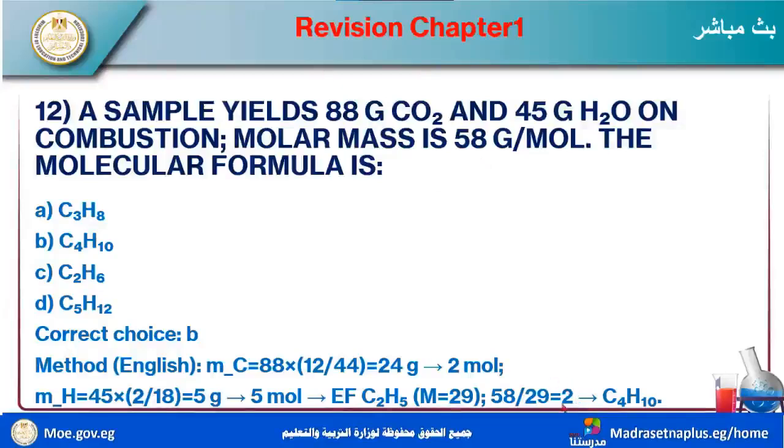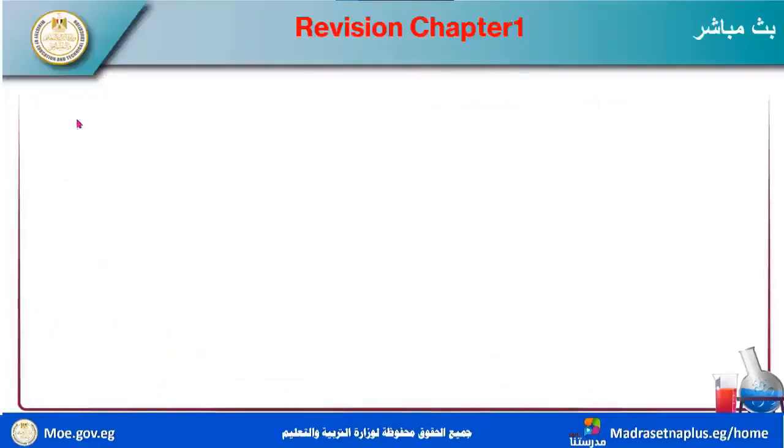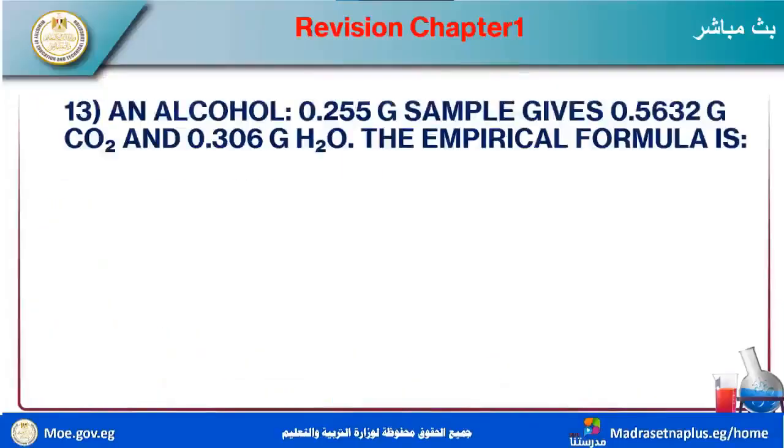Multiply the number of units by the empirical formula, and C2H5 is converted into C4H10. This is the answer. So the actual formula is C4H10.